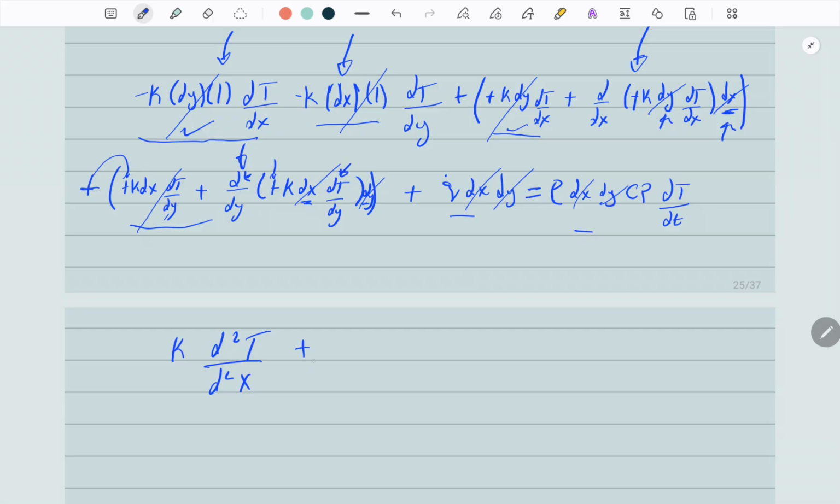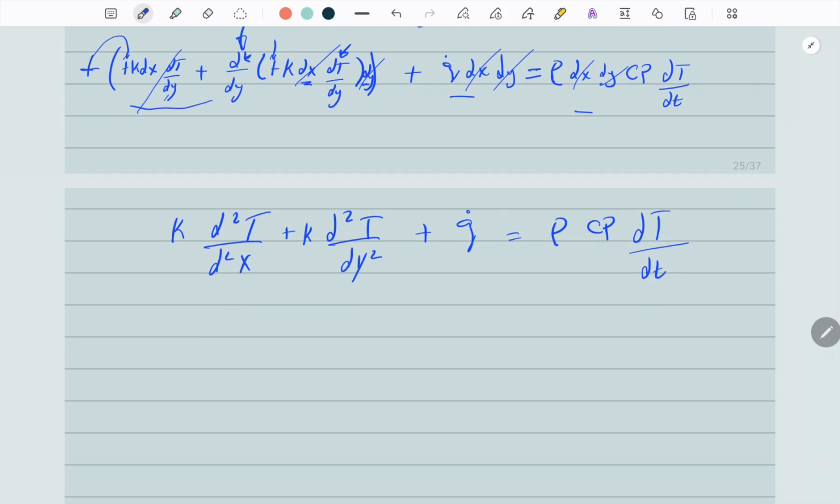There's two differentials that will make it second differential of temperature over second differential of y. And I forgot the k. Plus k. Plus q dot equals density Cp delta temperature over delta time, dT over dt.